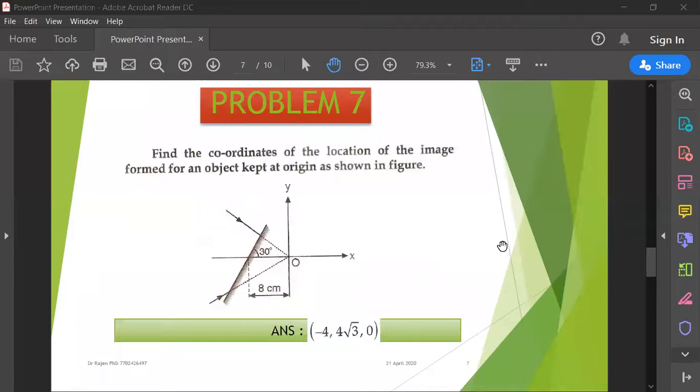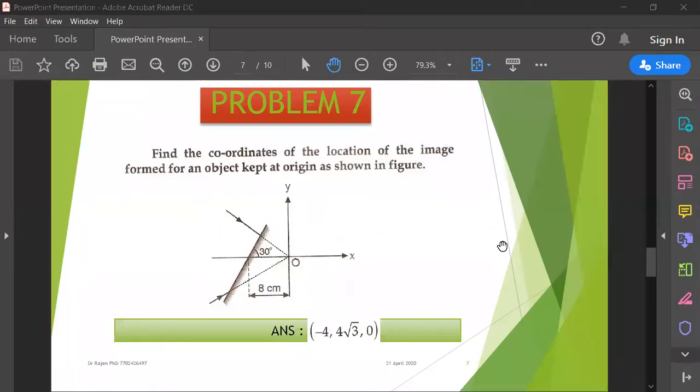Yes, question number 7, students. Find the coordinates of the location of the image formed for an object kept at the origin as shown in the diagram. Just wait. Here, the coordinates of the image we need to find out. Yes, here the x-axis, y-axis, the examiner has only given. This is the y-axis.